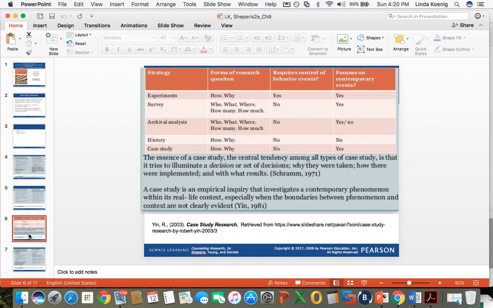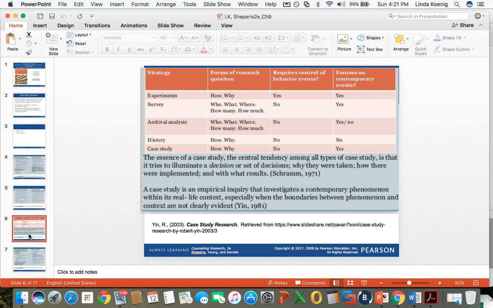Okay, so within case study research, we have similar strategies. You can see here on your left, there are 5 types of strategies. The next column over shows the form of research question you would have in order to use the strategy on the left.